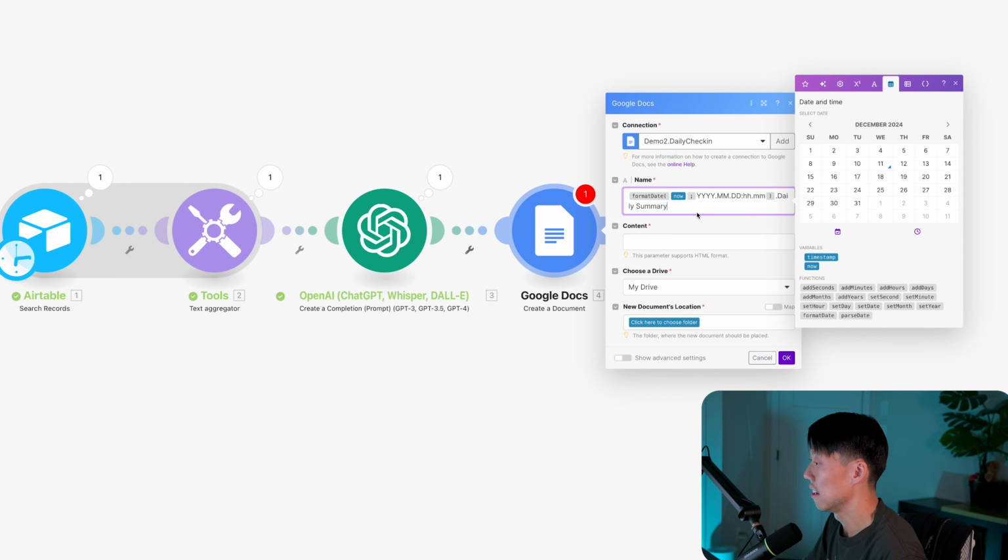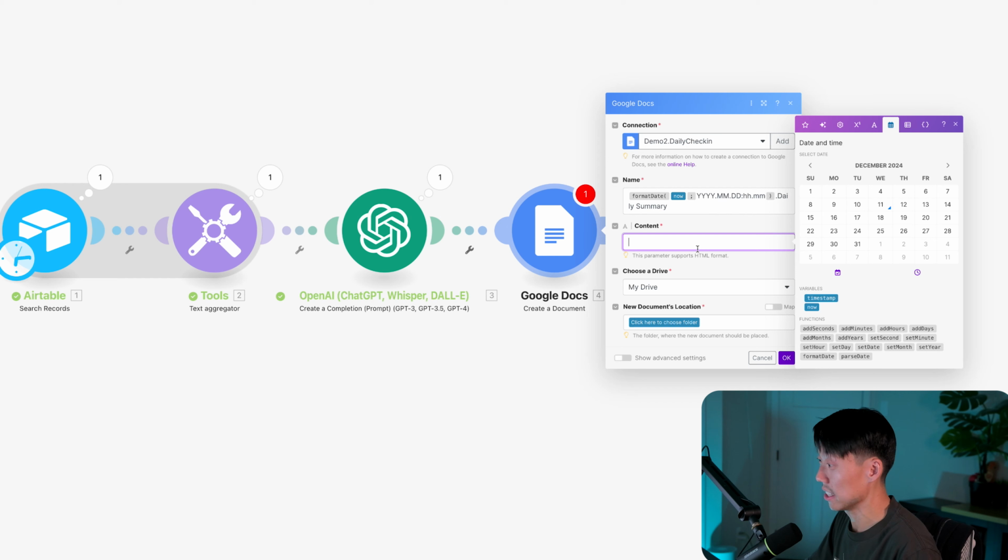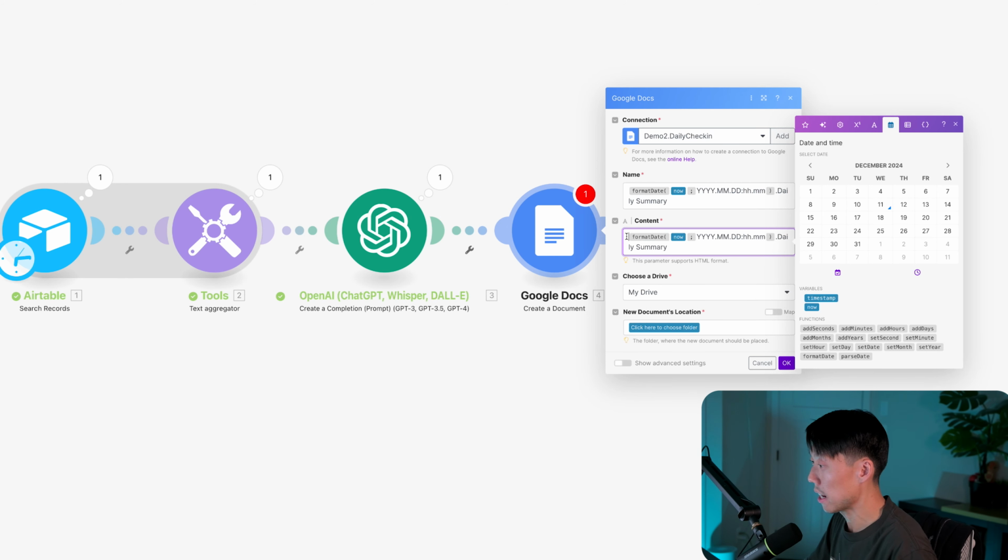Now, the content. I want to start this off with the same thing, but I'm going to add an H1 header. And that's going to be the title, the heading for my file. I'll still keep the name timestamp. I'm going to have a space, daily summary, if I know how to spell, end H1.